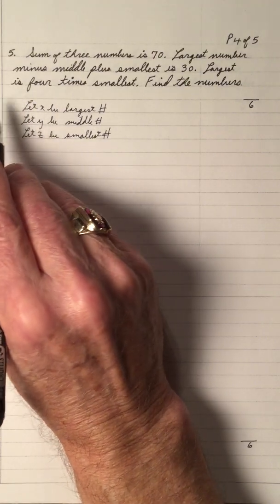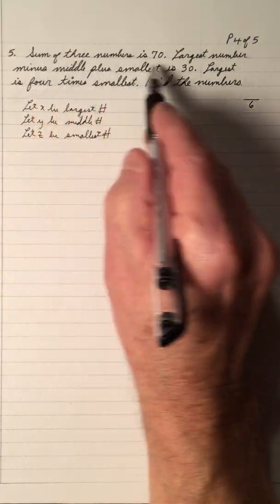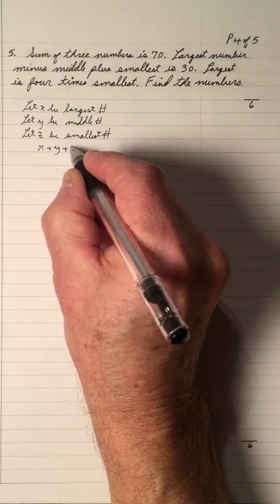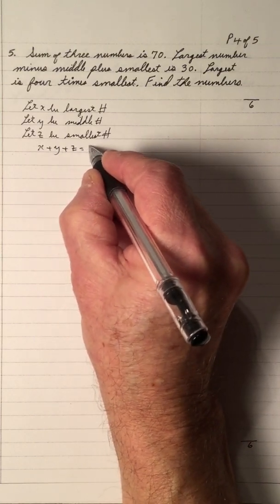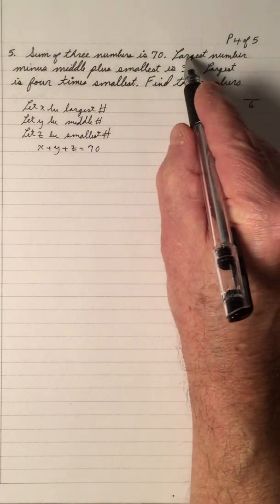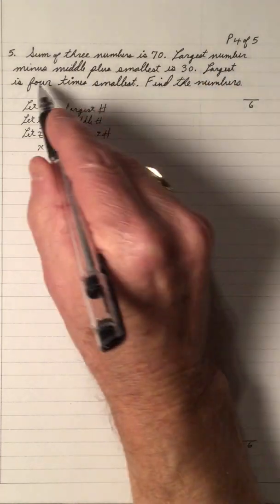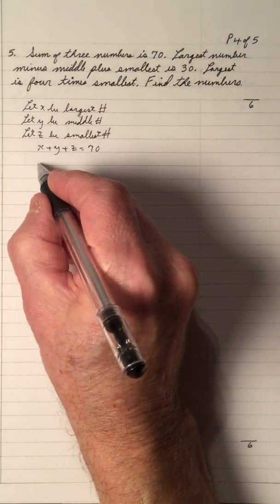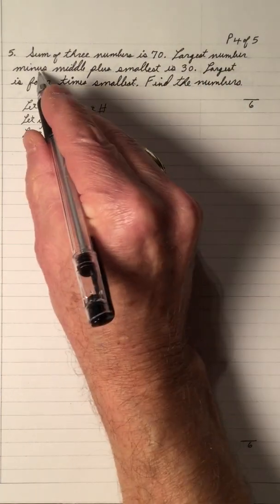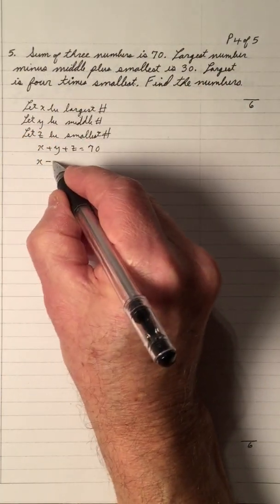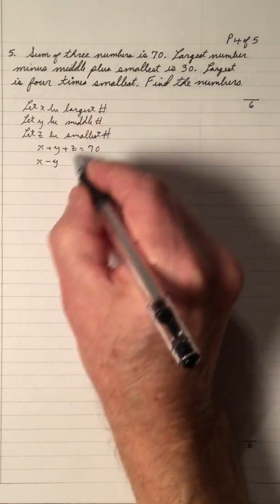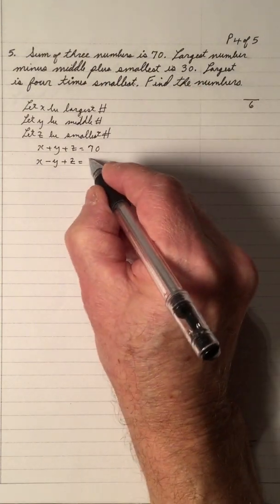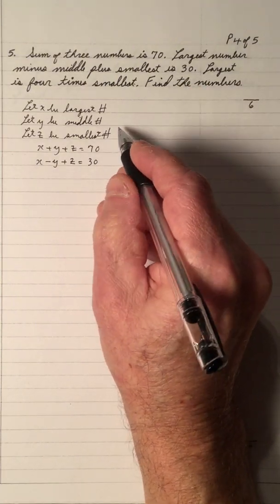So it says we have 3 numbers, the sum of the 3 numbers. So x plus y plus z is 70. And then it says the largest number minus the middle plus the smallest is 30. The largest is x minus the middle, which is y, plus the smallest, which is z, and that comes out to be 30.